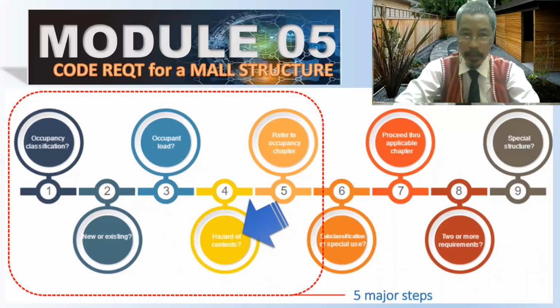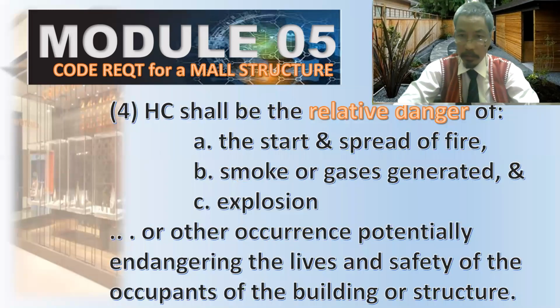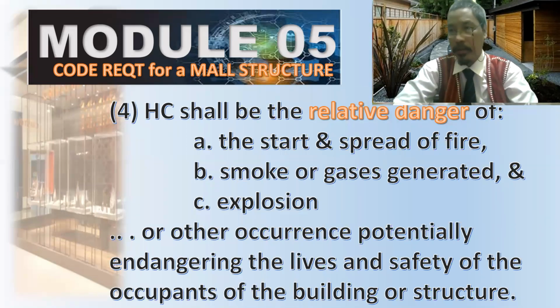And because of that, we are going to the next step, number 4, hazard of contents. Take note of the risk and hazard of the area. Hazard of contents shall be relative to the following: A, the start and spread of fire; B, smoke or gases generated; and C, explosion or any other occurrence potentially endangering lives and safety of the occupants of the building or structure.